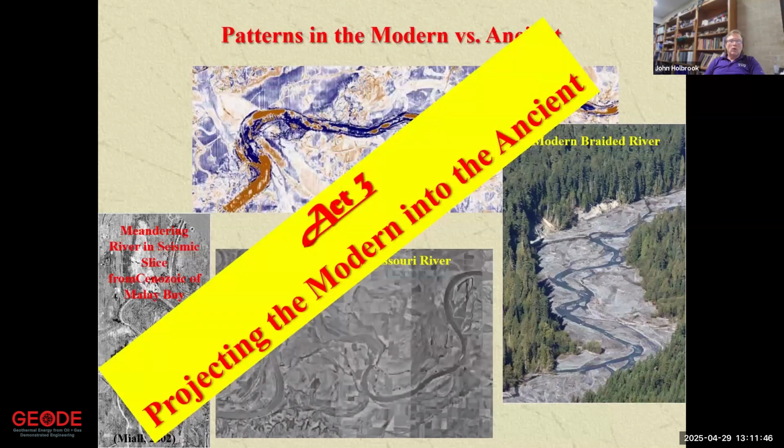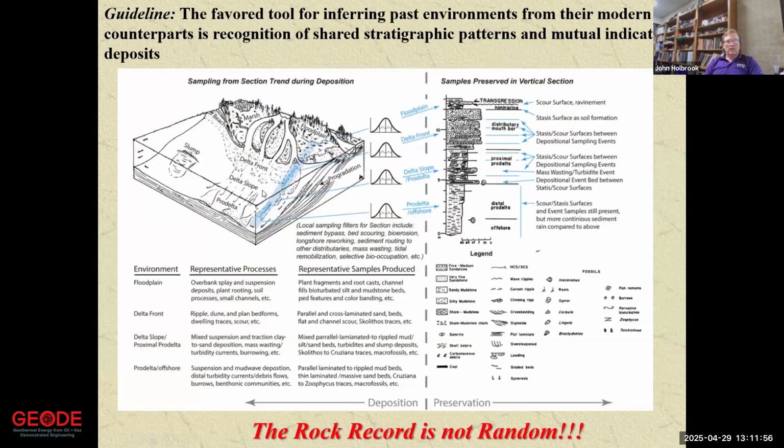When you're trying to interpret rocks, the main thing we usually do is try to project the modern into the ancient. How do we do that? We do that by a couple of techniques. The main tool we use is to look for modern analogs. We look to see what sorts of modern systems preserve the kind of deposits we're looking at in the ancient.